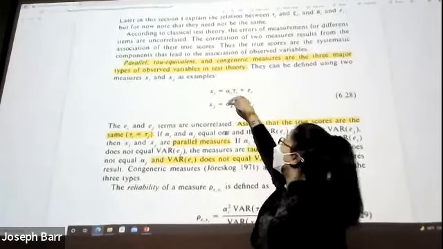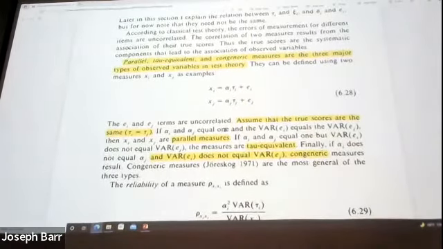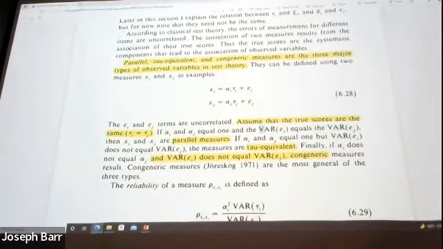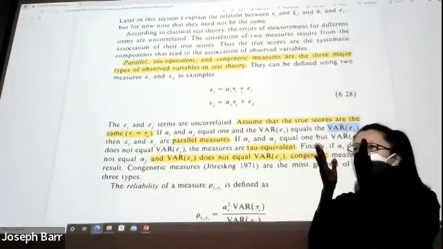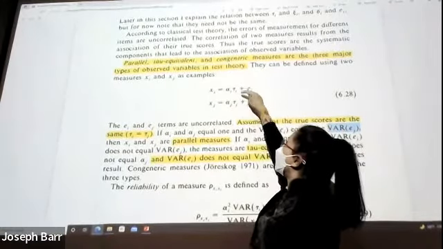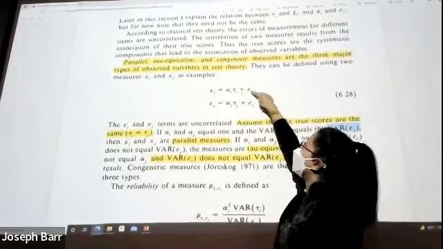And the variance of the residual part, or the measurement error part, variance of EI equals variance of EJ. In that case, these two measures are really close to each other. They have the same coefficient 1 here, the true score is here, and the variance of EI and EJ is the same. In that case, we call these two measures parallel.